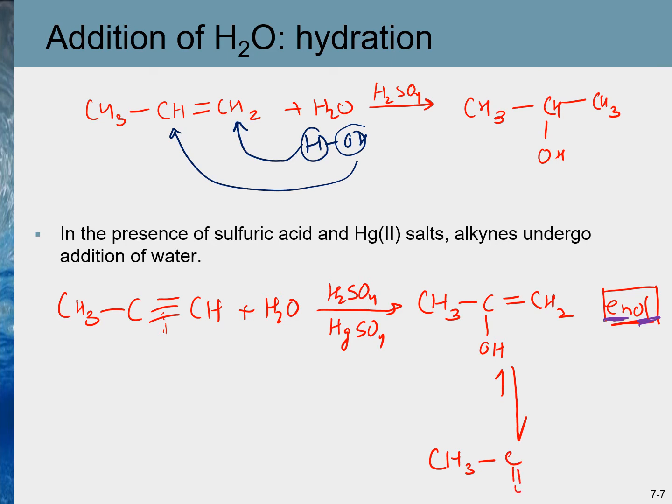So you can imagine this rearrangement to be as if this hydrogen from here goes here and the double bond moves here. That's not the mechanism, but you can imagine the rearrangement to take place in this manner. So this rearrangement is known as keto-enol rearrangement.